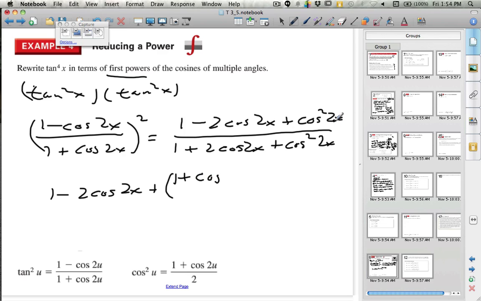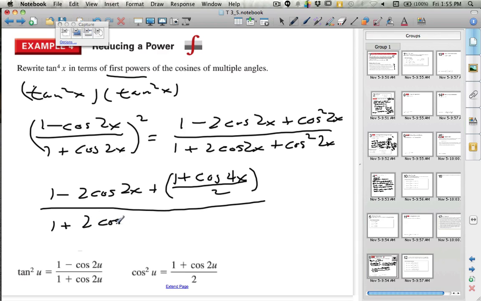Now u in this case was 2x, so it would be cosine 4x, divided by 2. And in the denominator, I'll have the same. I'll have 1 plus 2 cosine 2x plus 1 plus cosine 4x over 2.